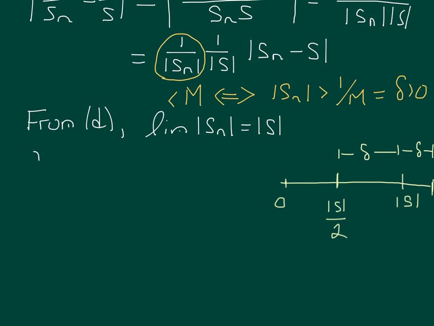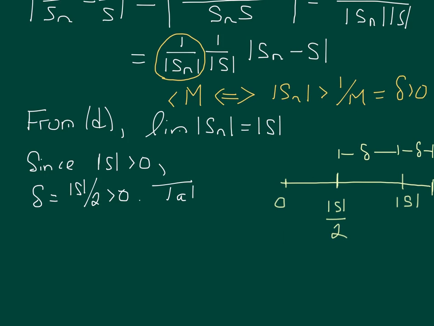Okay, so since the absolute value of S is bigger than 0, delta, taken to be the absolute value of S over 2, is also bigger than 0. Right?